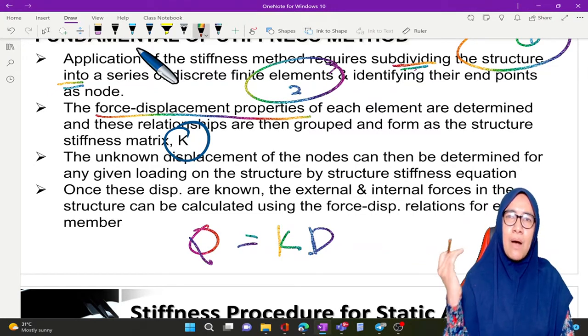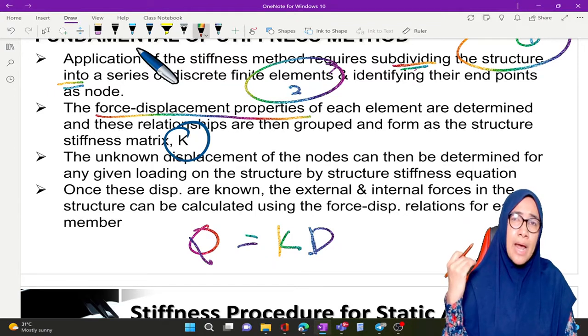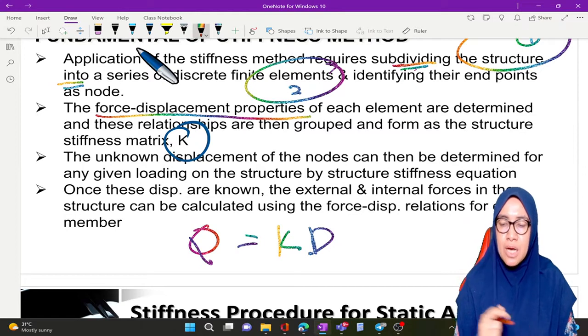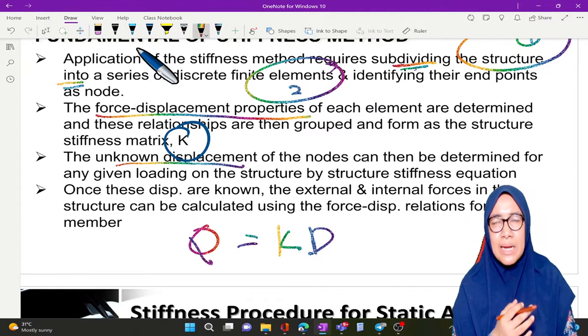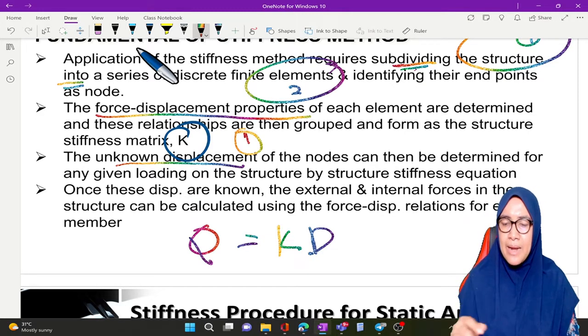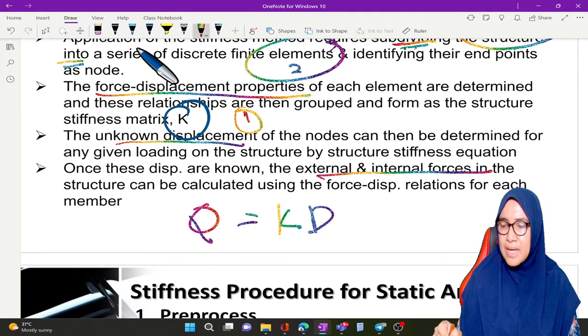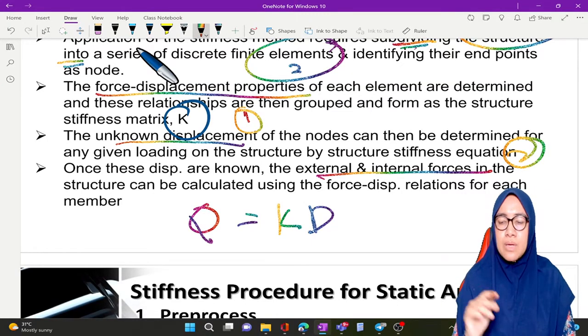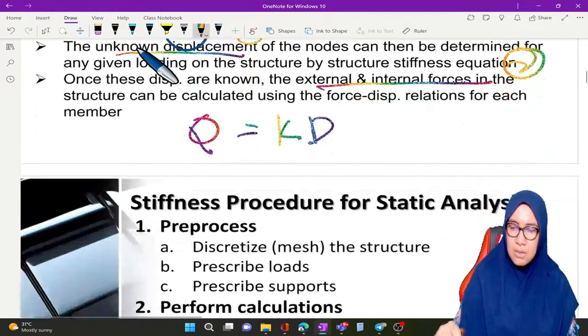By applying boundary conditions, the unconstrained and constrained degrees of freedom, into the force displacement equation, we will calculate the unknown displacement as the first output, and after that we will calculate the forces as the second output.